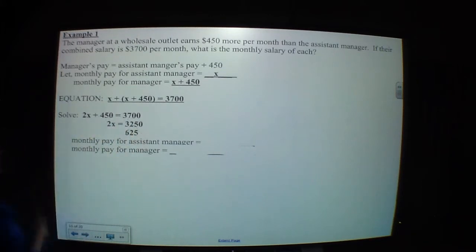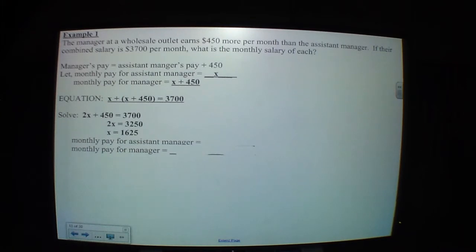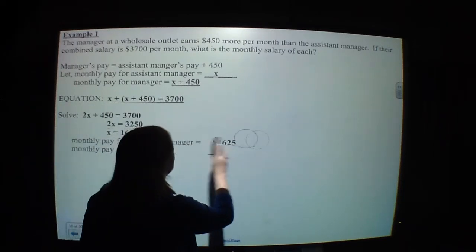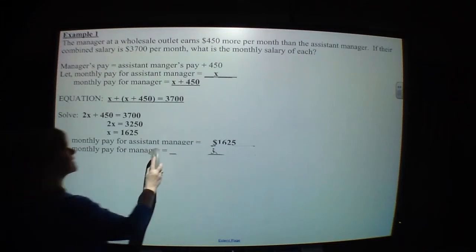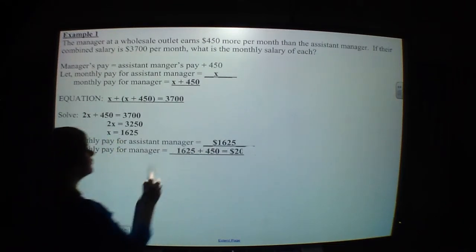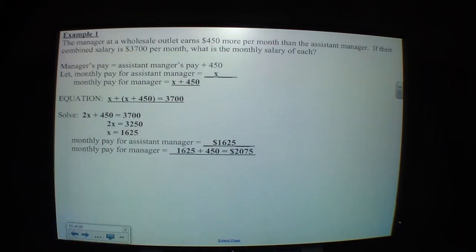Subtract 450 from each side, and you get 2x is equal to 3,250. Divide by 2, you get 1,625 for x. So the monthly pay for the assistant manager is X, which is $1,625. The monthly pay for the manager is X plus 450, or $1,625 plus 450, which is $2,075.